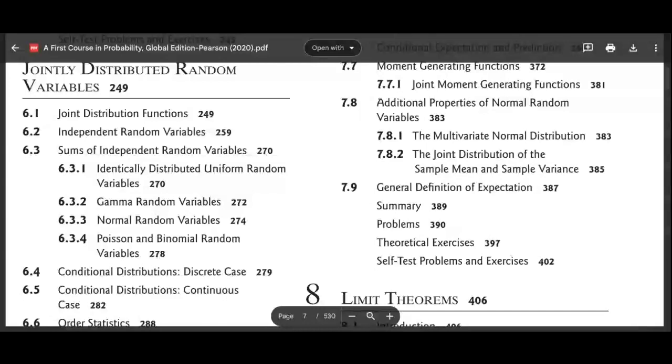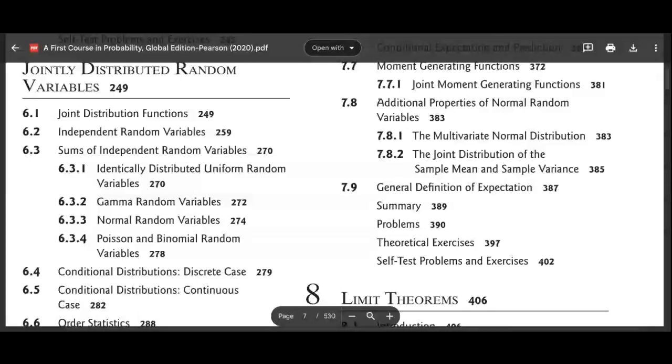Joint distribution is section 1, independent random variables section 2, sums of independent random variables section 3, including identically distributed uniform, gamma, normal, Poisson and binomial random variables.